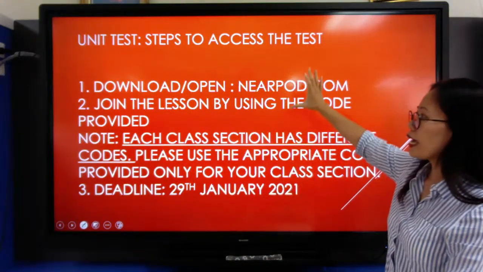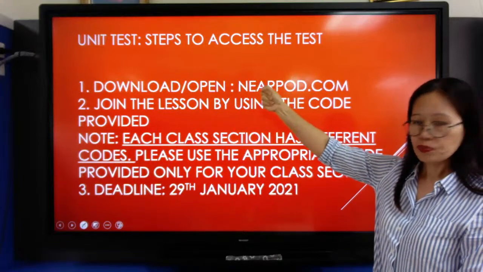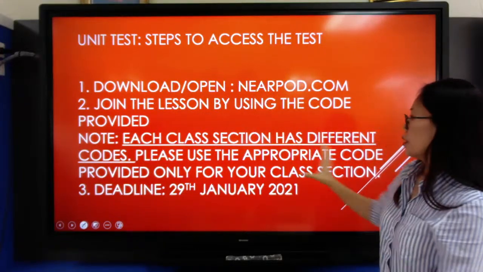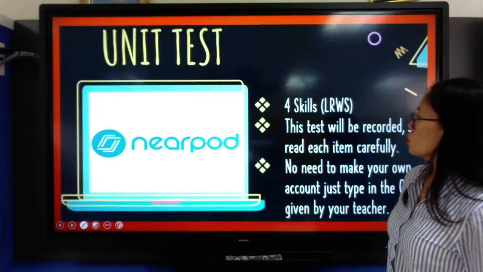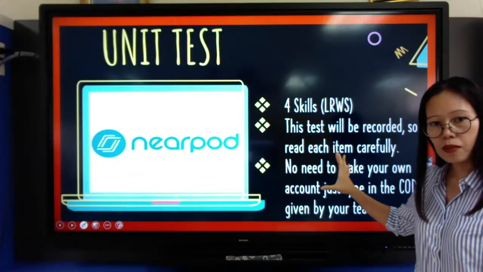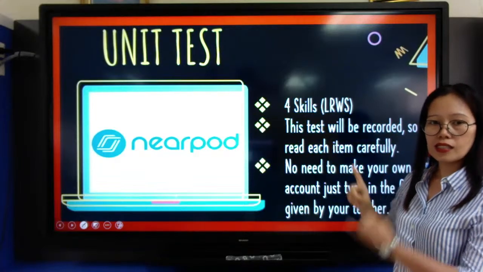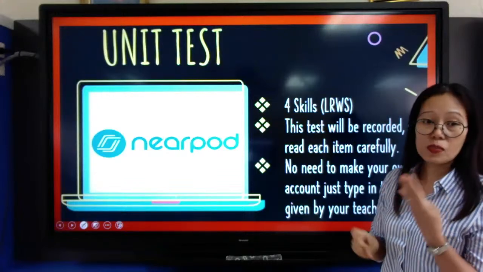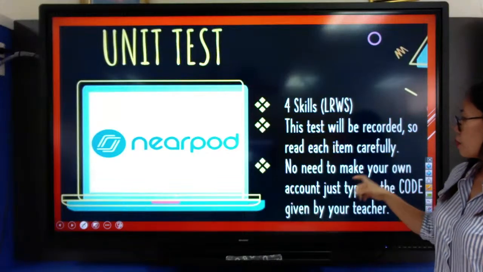Okay. Again, first you have to open or download. If you want to download it, you can also download Nearpad. Join the lesson by the code, and then there's the deadline. If in case you cannot follow the steps that I put a while ago, I have here also one by one. For skills, I put there 4 skills: listening, reading, writing, and speaking. So you have to read each item carefully.